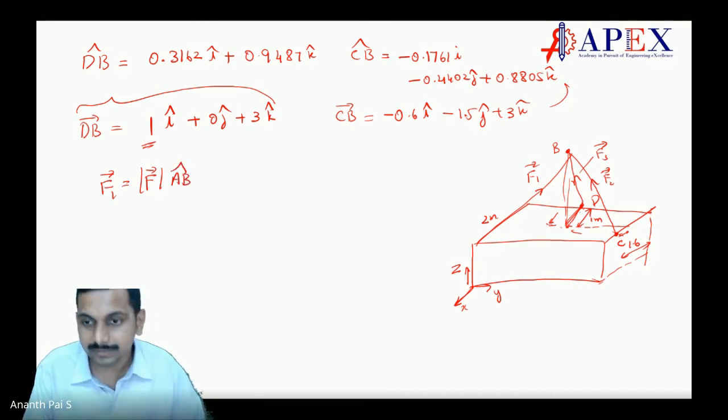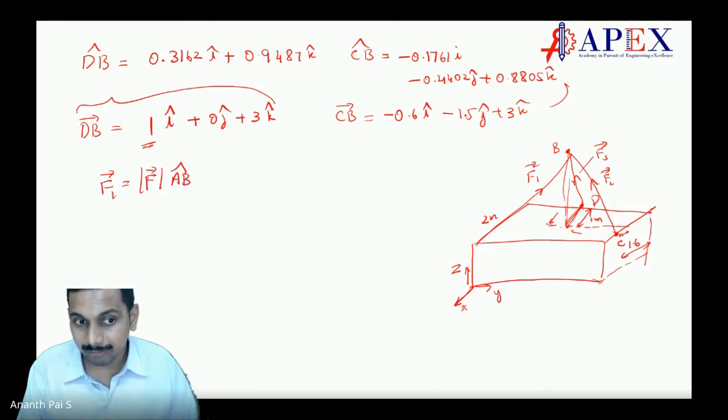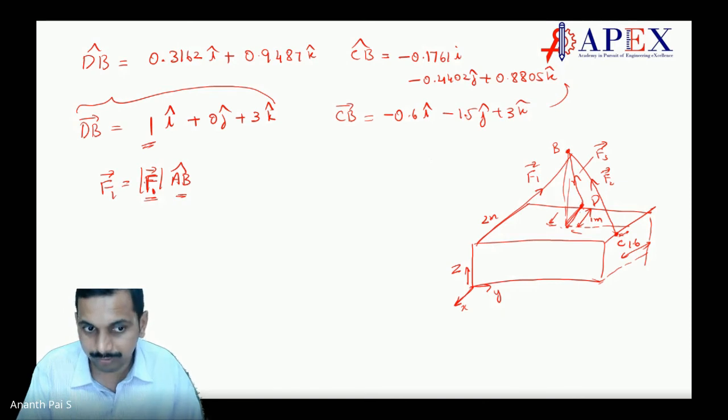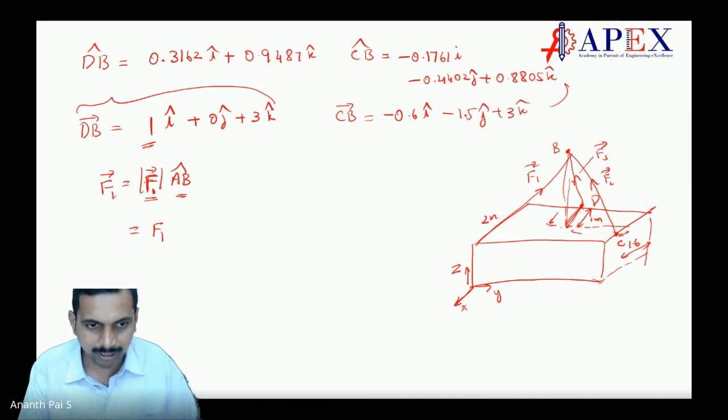Makes sense? Because the force magnitude is there and the unit vector is in this direction. This shows force into direction, magnitude into direction. Okay. So magnitude of F1. So I can say this is F1, where small f1 is magnitude, F1 into AB. What is AB here?